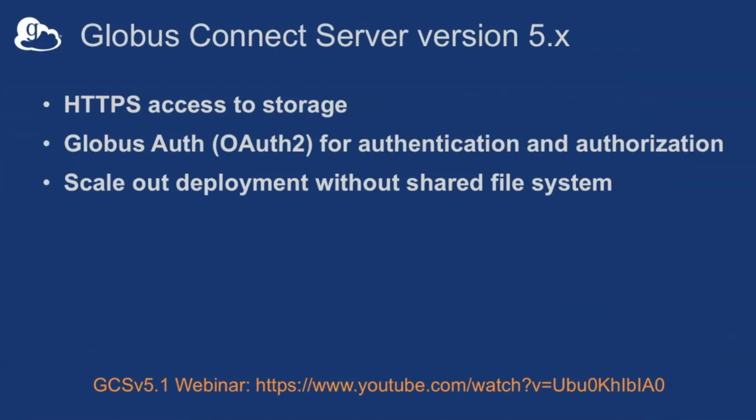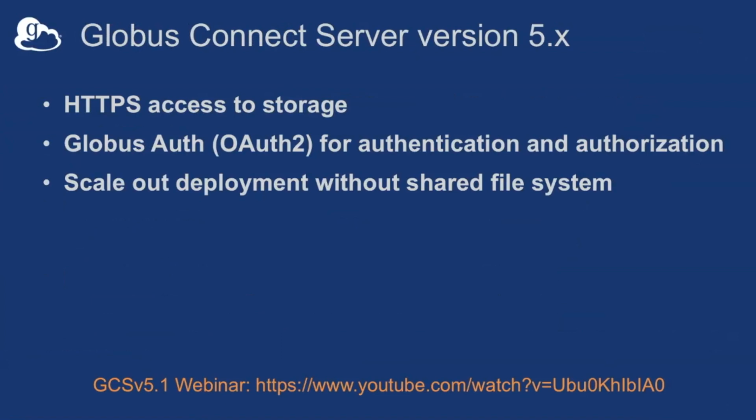Scale-out deployments without shared file systems. Particularly as we get more and more of the systems that are not file systems behind us, that are object stores like Ceph or S3, having to have a shared file system between the multiple instances of Globus Connect Server that comprise an installation, a parallelized or multi-server installation against the storage system, is becoming increasingly difficult for our customers to manage.